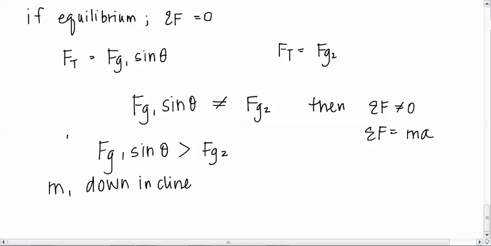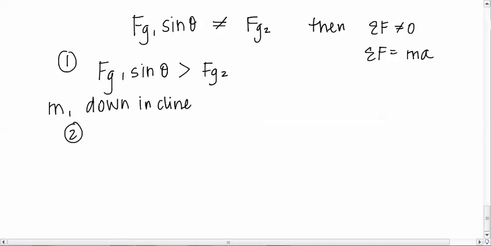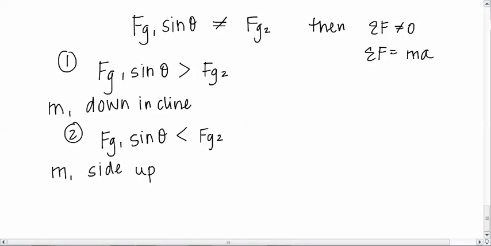All right, so that's our first case. Our second case would be if Fg1 sine theta was less than Fg2. Then M1 is going to slide up the incline.